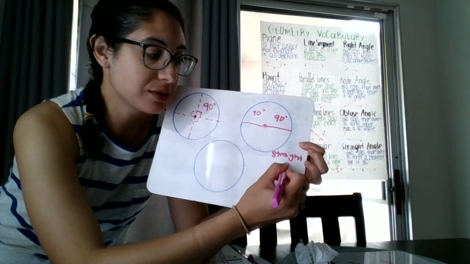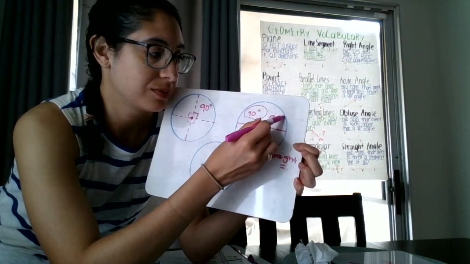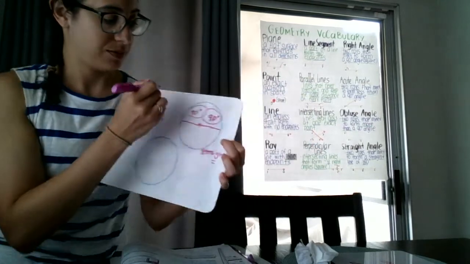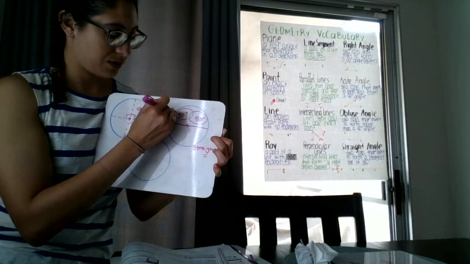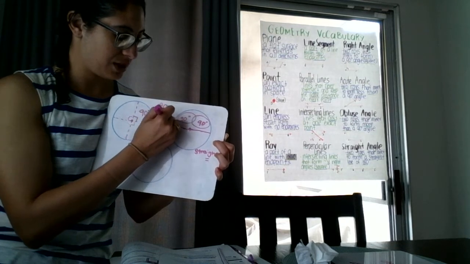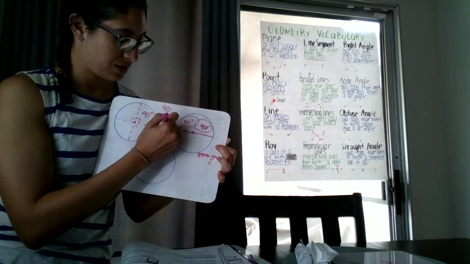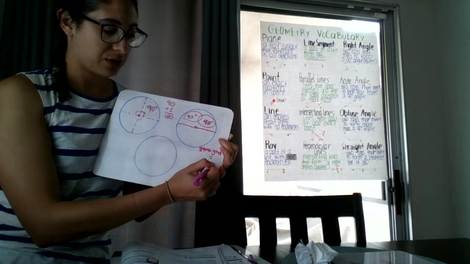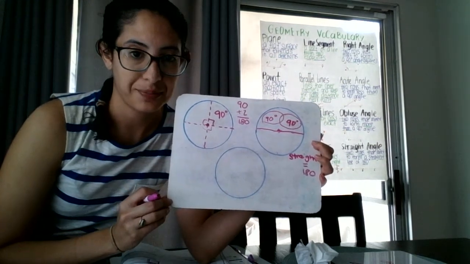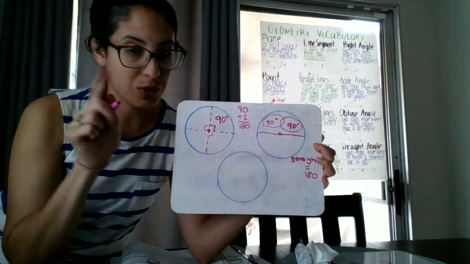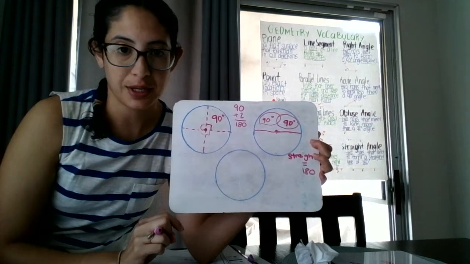All straight angles are equal to 90 times 2, or 90 plus 90. All straight angles are equal to 180. Okay? So one circle has 4 90-degree angles.